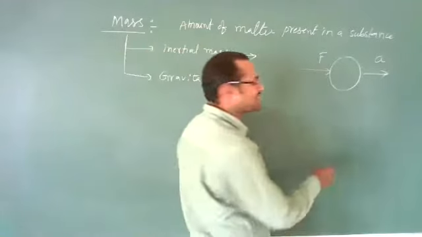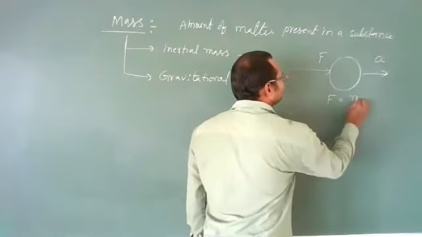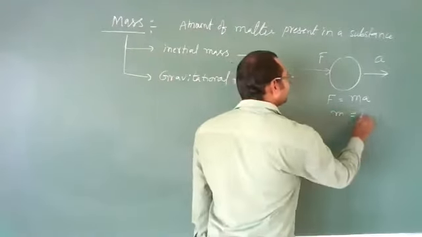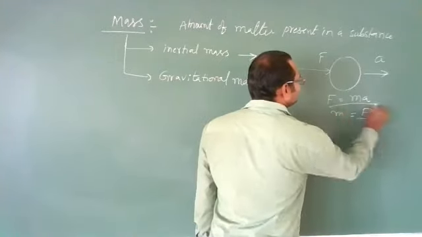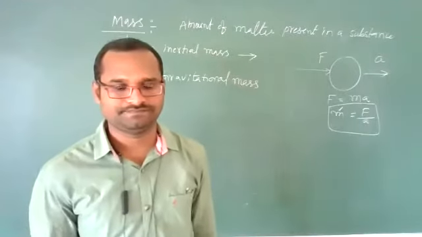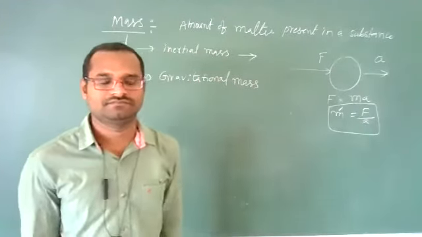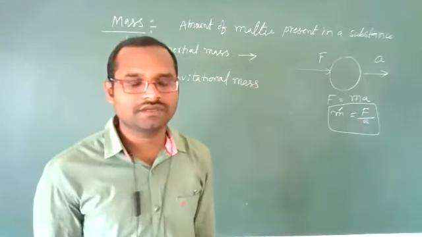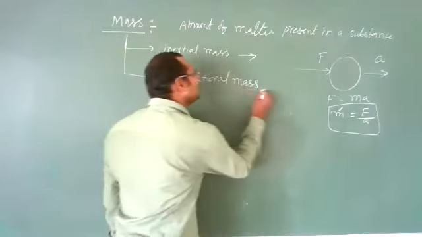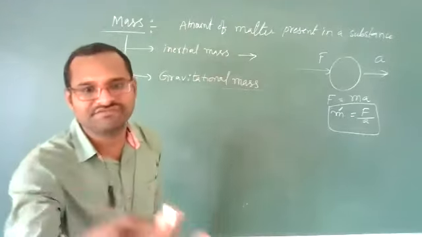Now according to Newton's second law, F is equal to ma. Then m is equal to F by a. This mass is called inertial mass. Clear? Got it? And the gravitational mass is the actual mass that we will measure.